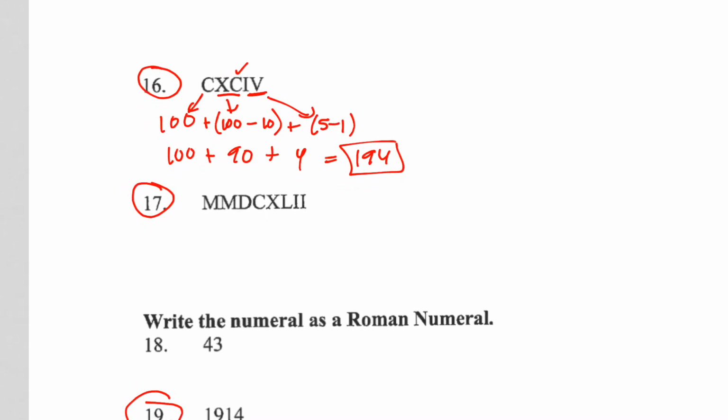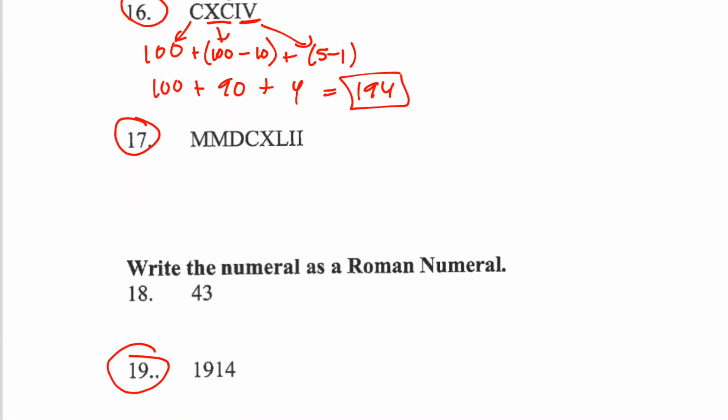Let's take a look at the next one. We have two M's, and they're 1,000 each, so that's going to be 2,000. D is greater than C, so that's still going to be adding, so that's 500. C would be 100.